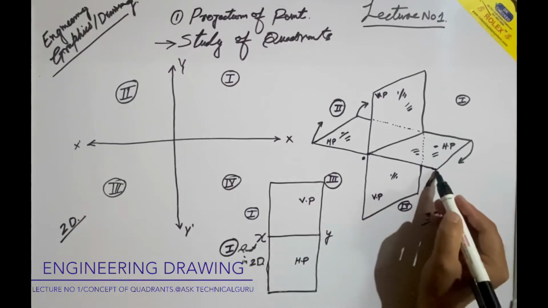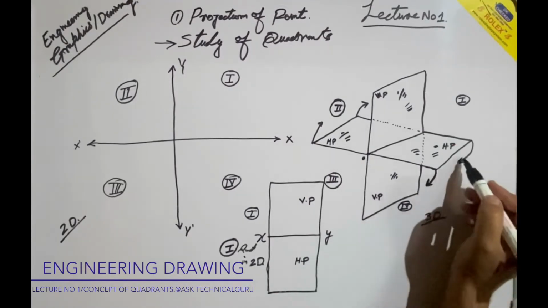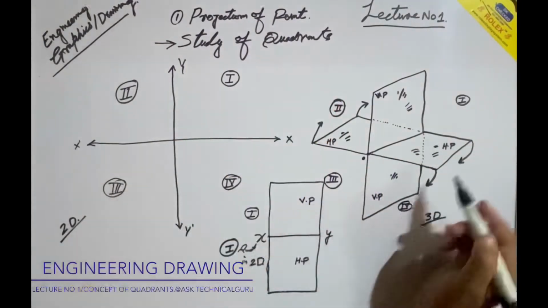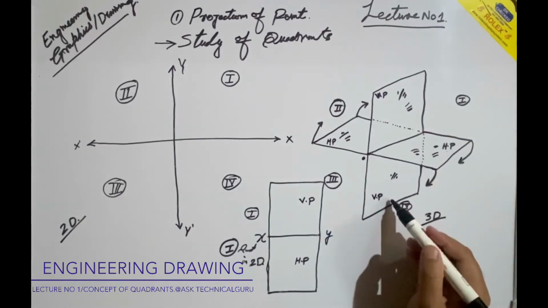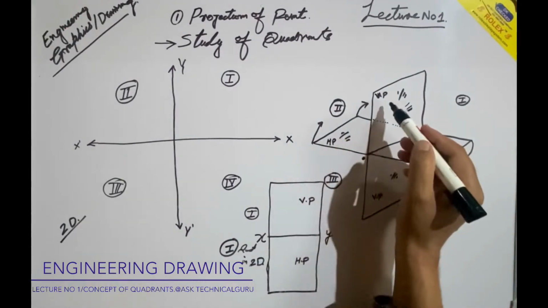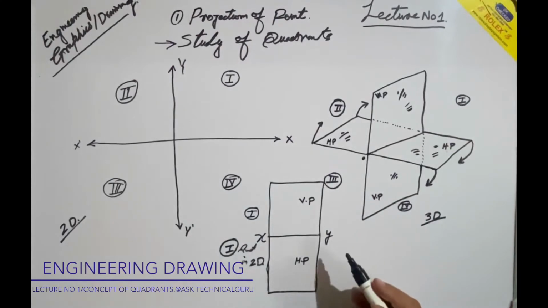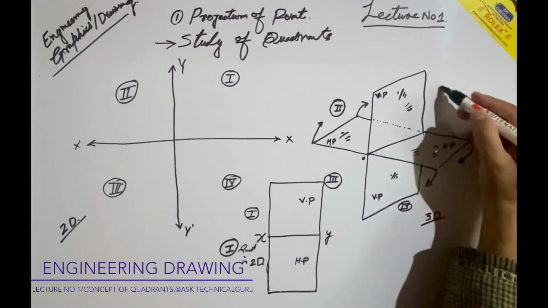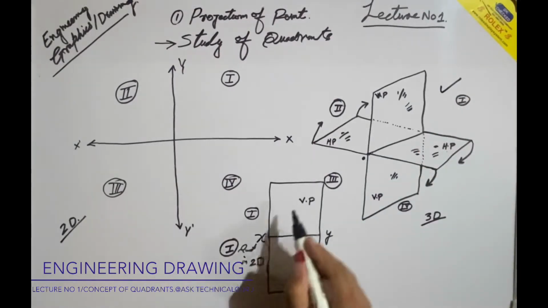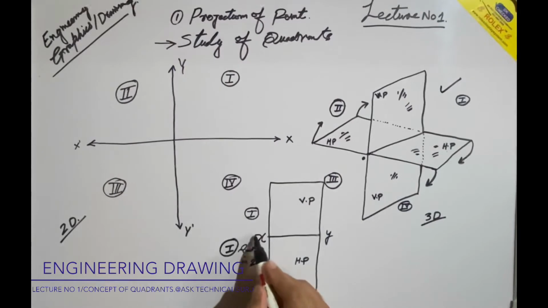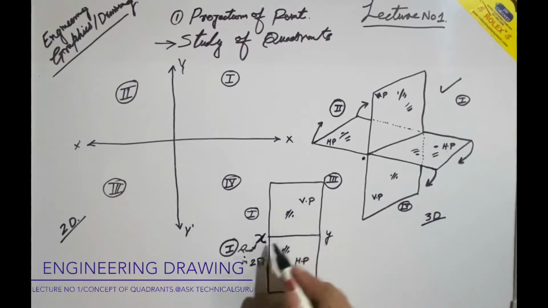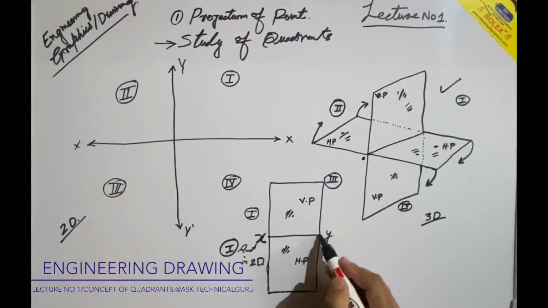We have to rotate it like this, as I have indicated here with these arrows. This horizontal plane will coincide with this vertical plane. So if we take only the first quadrant, its 2D will be like this, and the 2 planes are separated by this line, which we call the XY line.